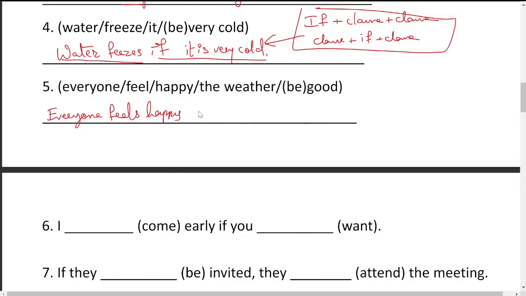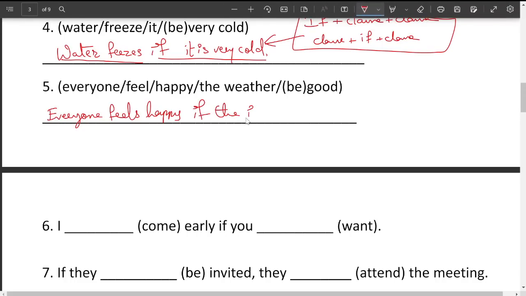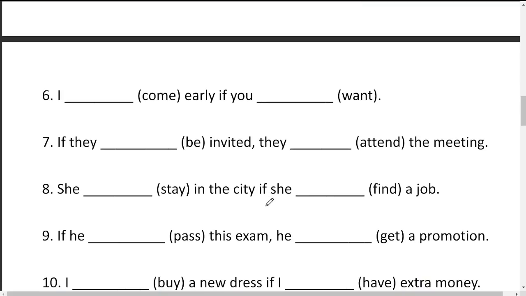We are speaking about the natural case. Everyone feels happy if the weather is good. Remember, in the two cases we are using only simple present because we are speaking about the weather. Nature, that means it is always the same, it doesn't change.